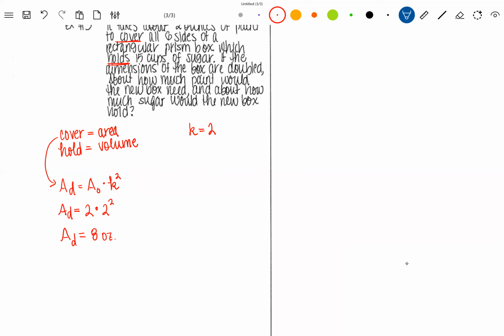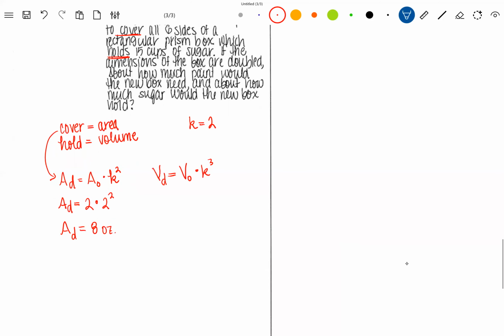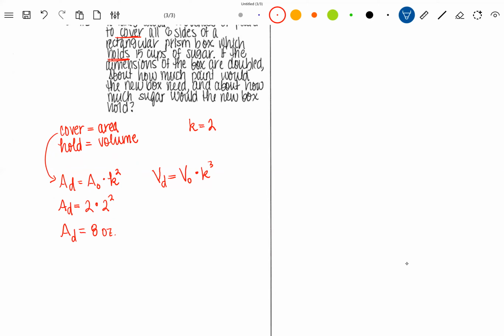Holds is volume, so the volume of the dilation is equal to the volume of the original times K cubed. Since it's volume, that's why the K gets cubed. The easy way to remember that is the K gets cubed because it's centimeter cubed. The K gets squared because it's centimeters squared with area.